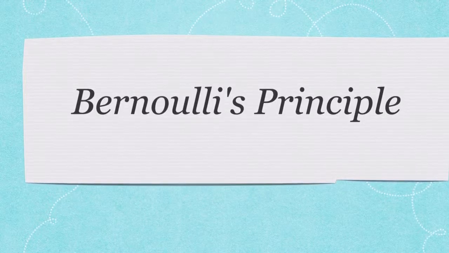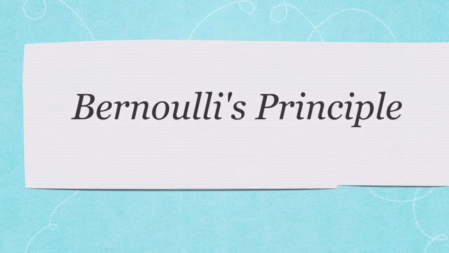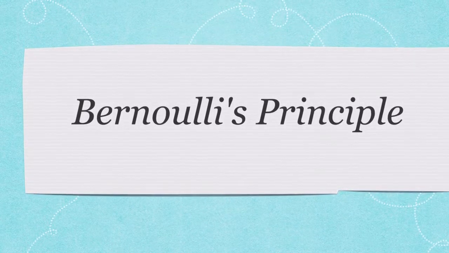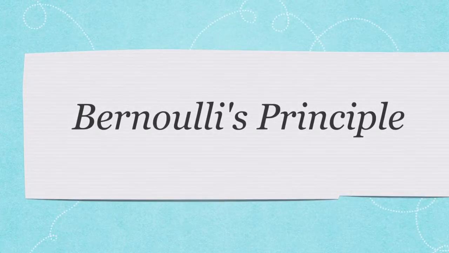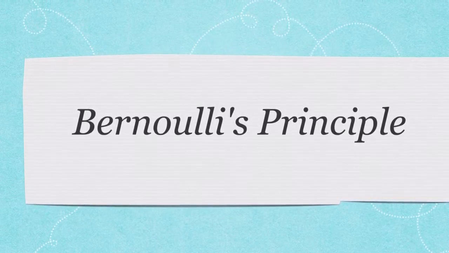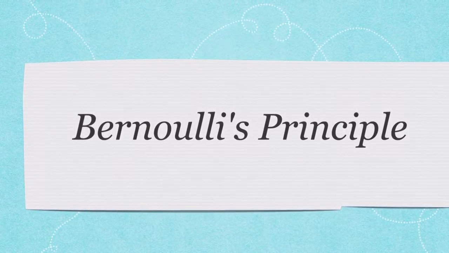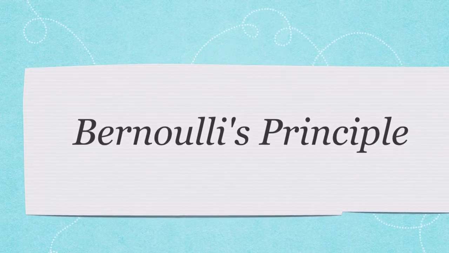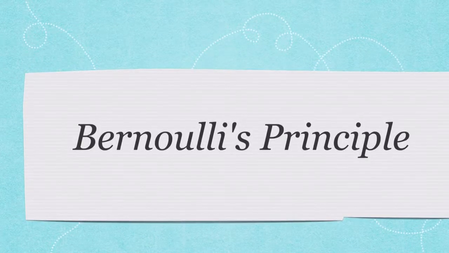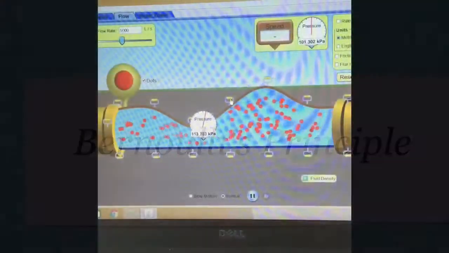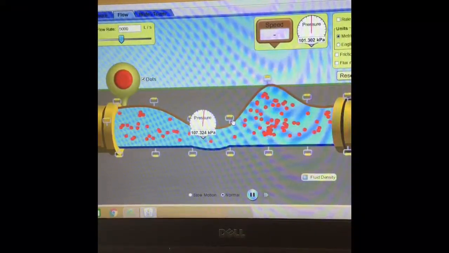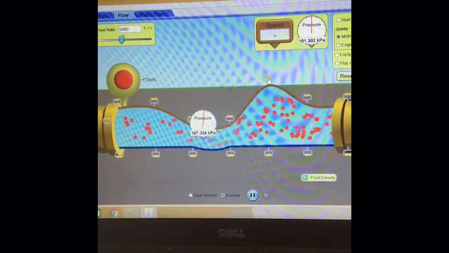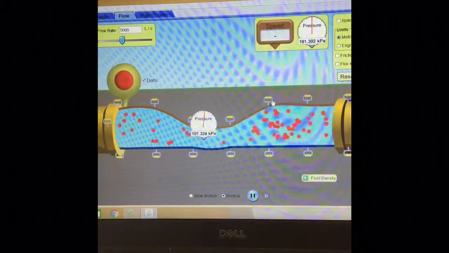Let's recap quickly. Okay, we know that Bernoulli's principle states that the pressure in a fluid decreases as the fluid's velocity increases. Now, this may be counterintuitive, so let's look at the video to see how this makes sense. Okay, so we learned earlier that as the area decreases, the velocity increases.